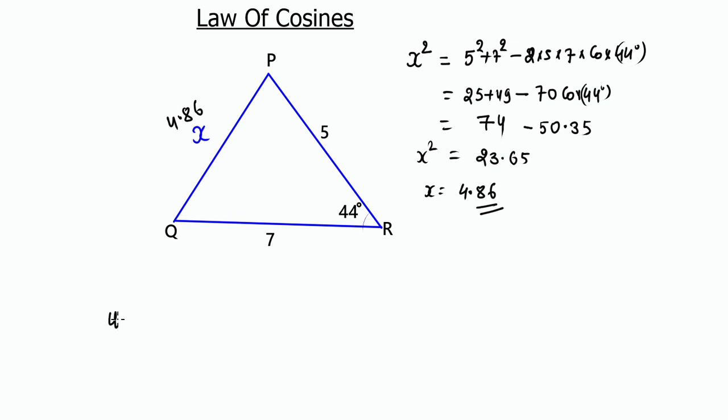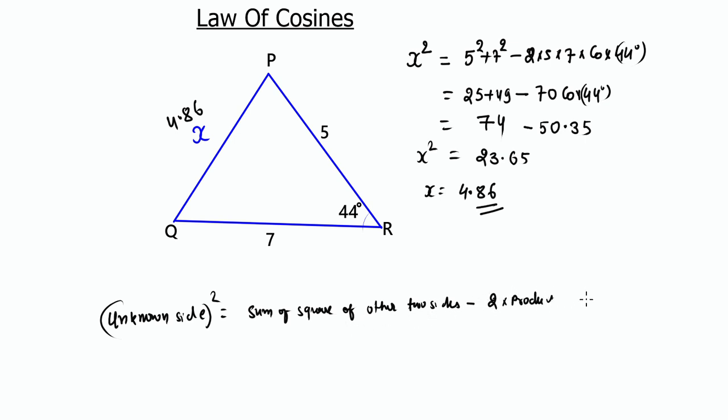The unknown side square is equal to the sum of squares of the other two known sides, minus 2 times the product of the two remaining sides, times cos of which angle?